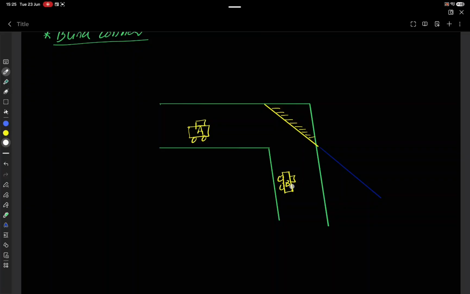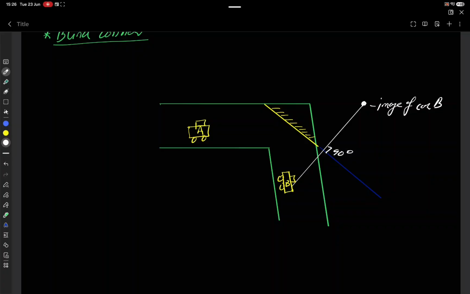So this is the image of car B, because this line is the object and the image is formed behind the mirror. Object distance and image distance from the mirror are equal, and the line joining the object and the image is perpendicular to the surface of the mirror. This is the 90 degree.